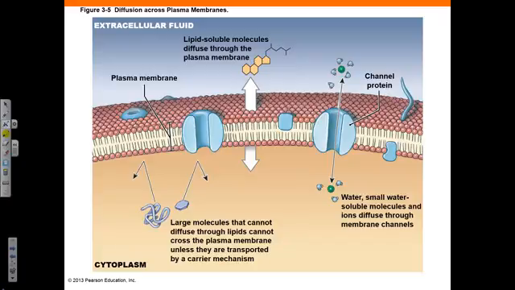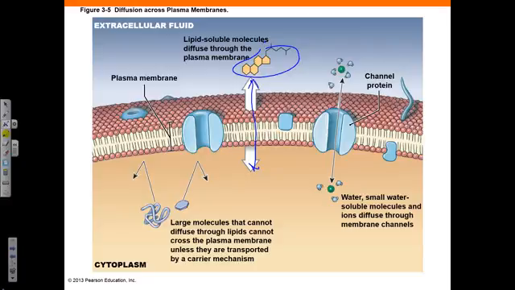Both the size and lipid solubility of a substance are variables that will determine how substances can cross the cell membrane. Lipid soluble molecules are free to diffuse across the membrane, as seen here. So something like a steroid, a lipid, which is soluble across that phospholipid bilayer, can easily go into and back out of the cell.